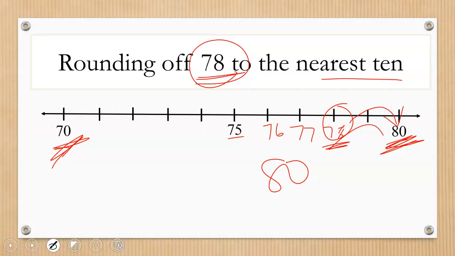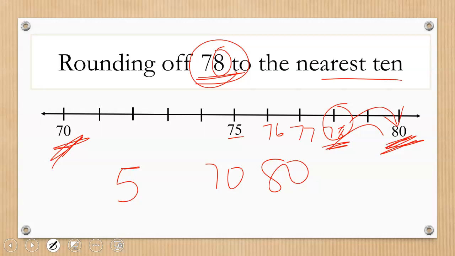And so if I say run this number down, then it means I'm going to run it to 70. But then to the nearest whole number, we always run up when the number is 5 and above. I mean, the ones digit is 5 and above. So here, because the 8 is 5 and above, we can run it to 80.